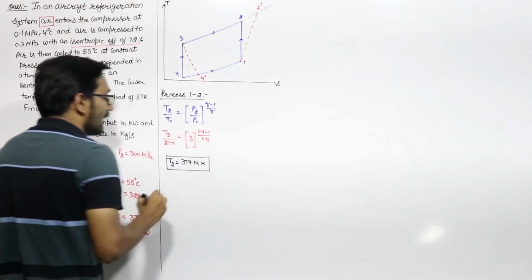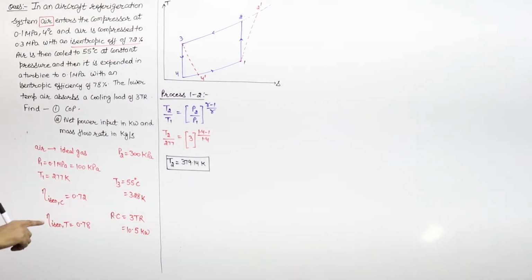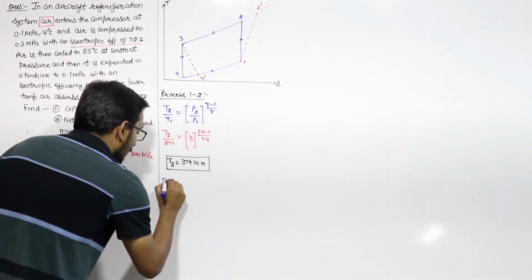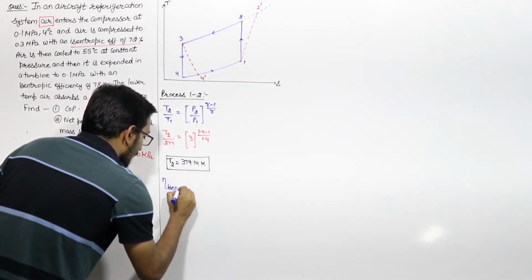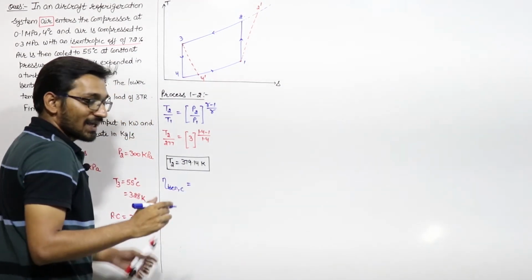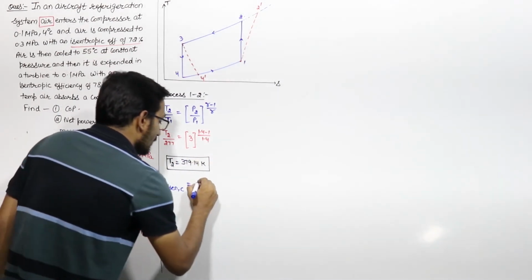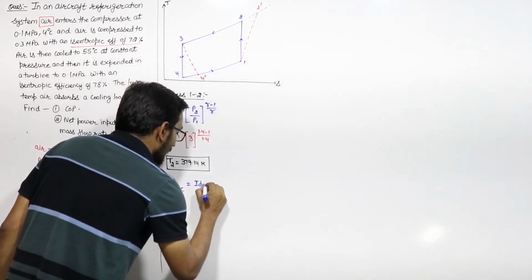T2 we get. But what we want to find is T2 dash, because the actual process is T2 dash. How to find T2 dash? With the help of isentropic efficiency. We know that the isentropic efficiency of the compressor will be equal to ideal work upon actual work, because in the compressor, actual work is more, ideal work is less.